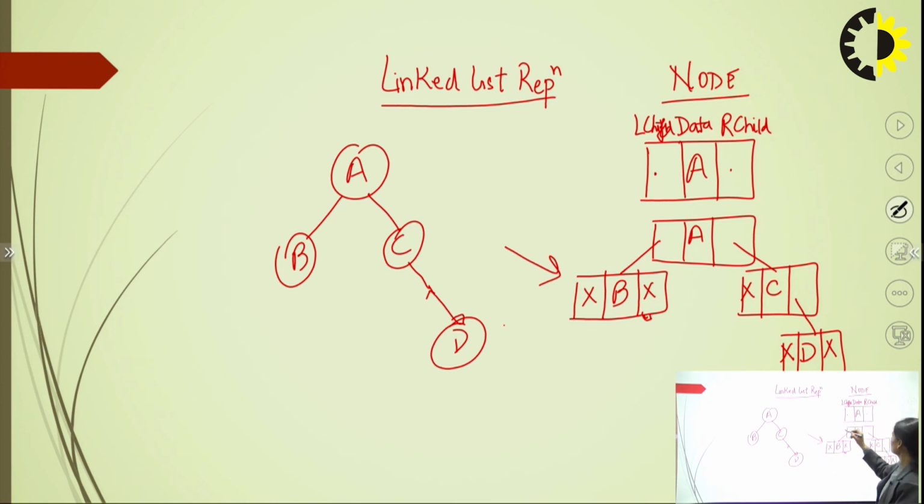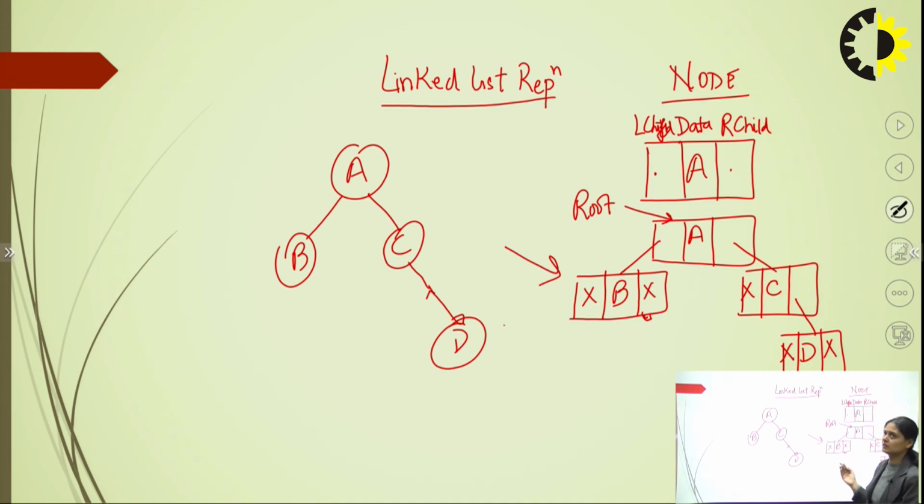And of course there is a special pointer called root which points to the root node of the binary tree. So this is the binary tree with this node as root, and B, C, D. In case of arrays, we occupy the maximum number of nodes of that particular level, and then accordingly we store the data.